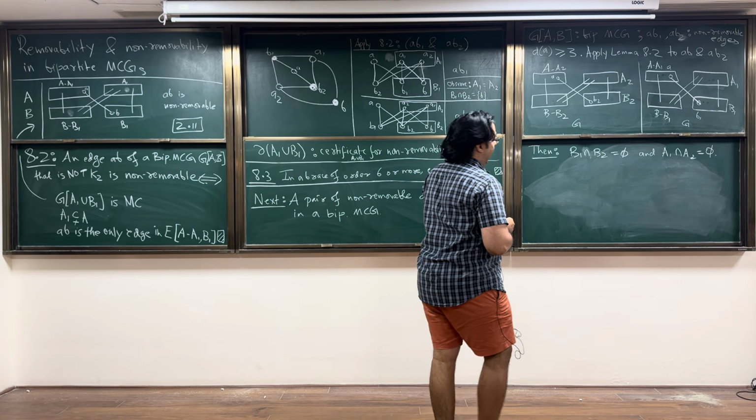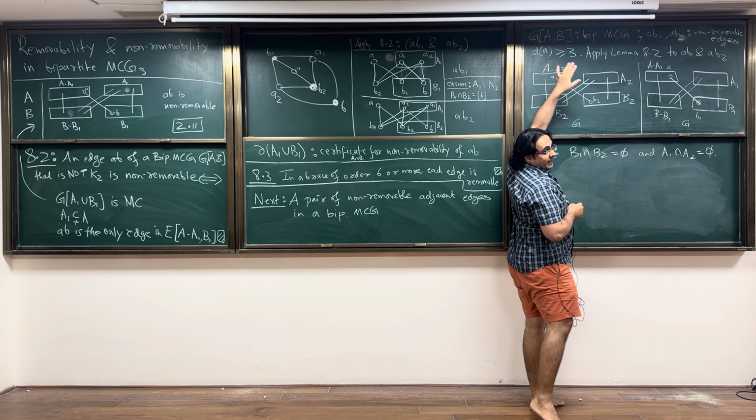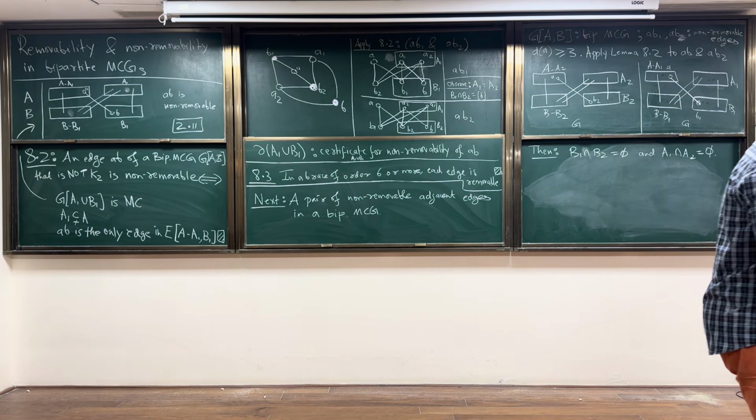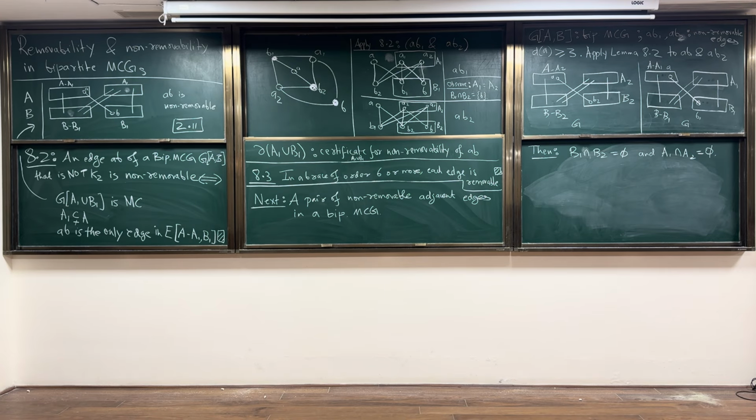So we must use the fact that the degree of A is at least 3. Otherwise, this statement is false. Both statements are false actually. So how shall we use the fact that degree of A is at least 3? I'll give you a hint.